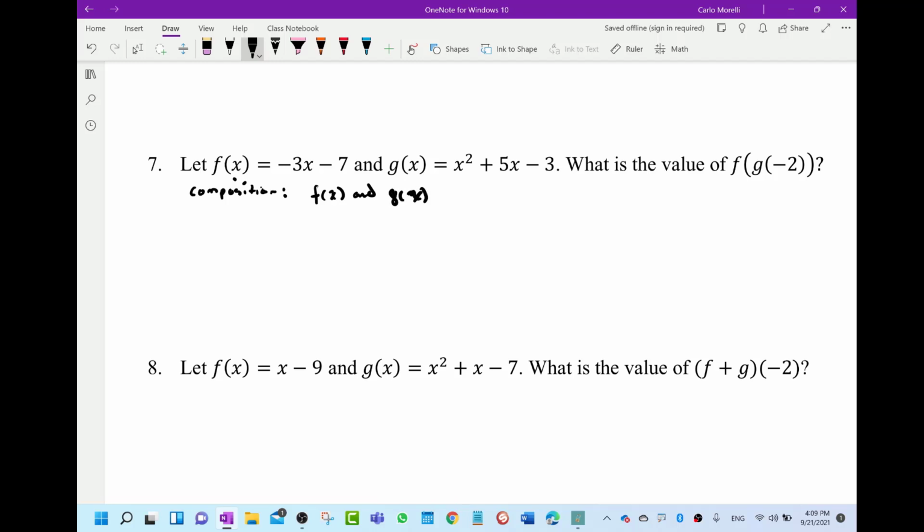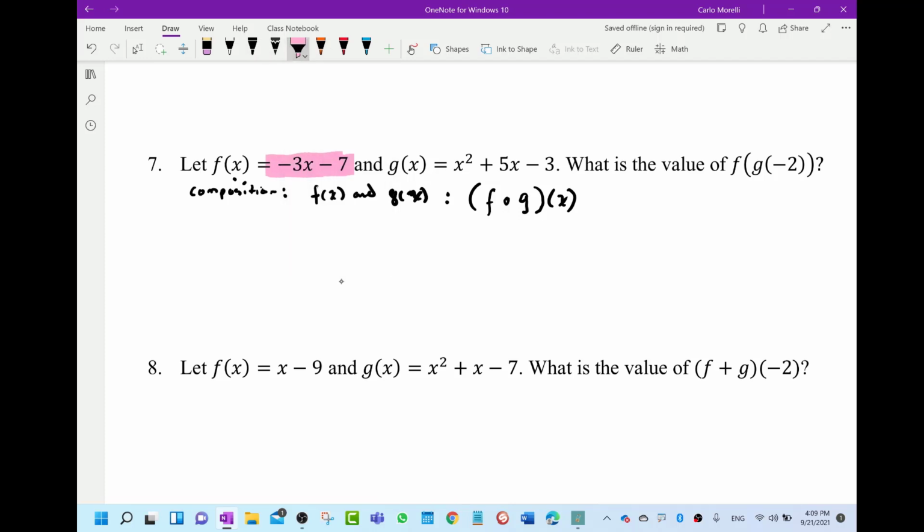None of this nonsense about plugging numbers in. So here's how that looks. F open circle g close of x. Okay, now what we're going to do, start with f of x. So you're going to use the framework here.